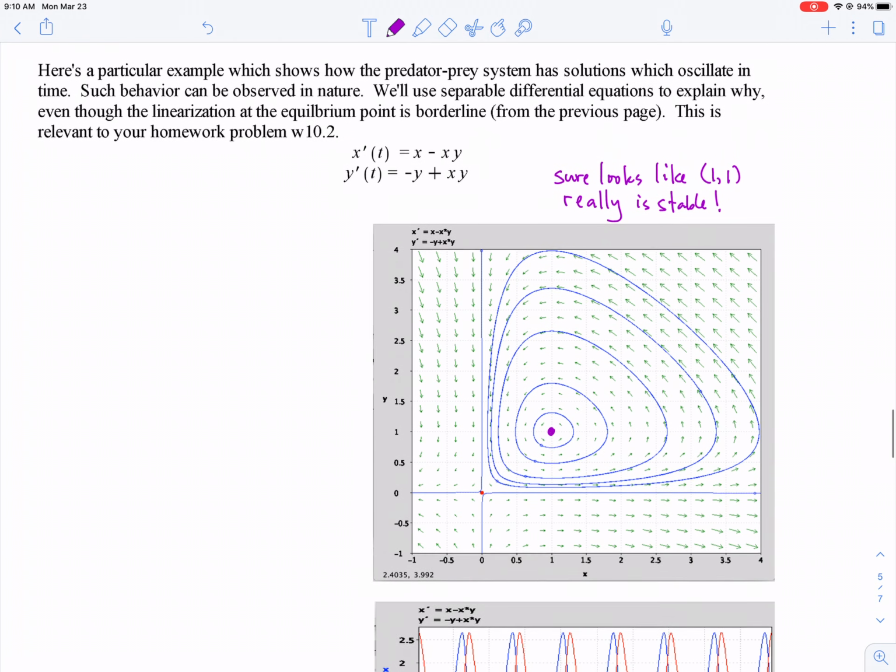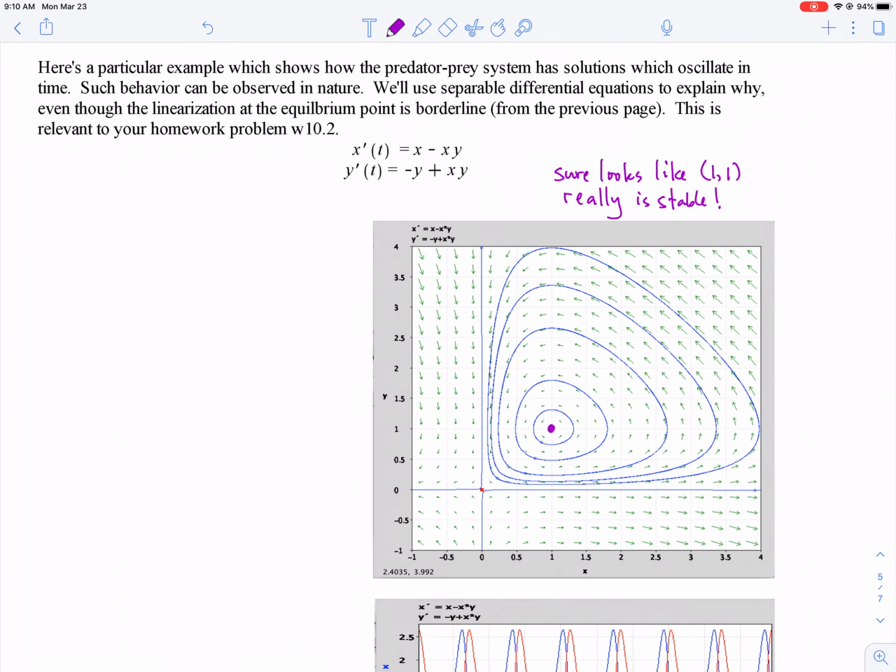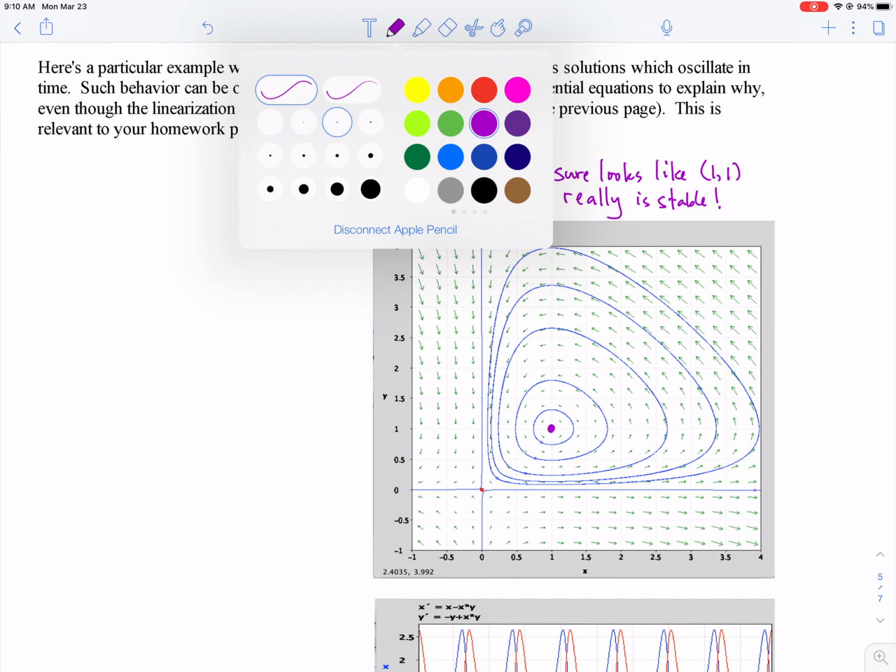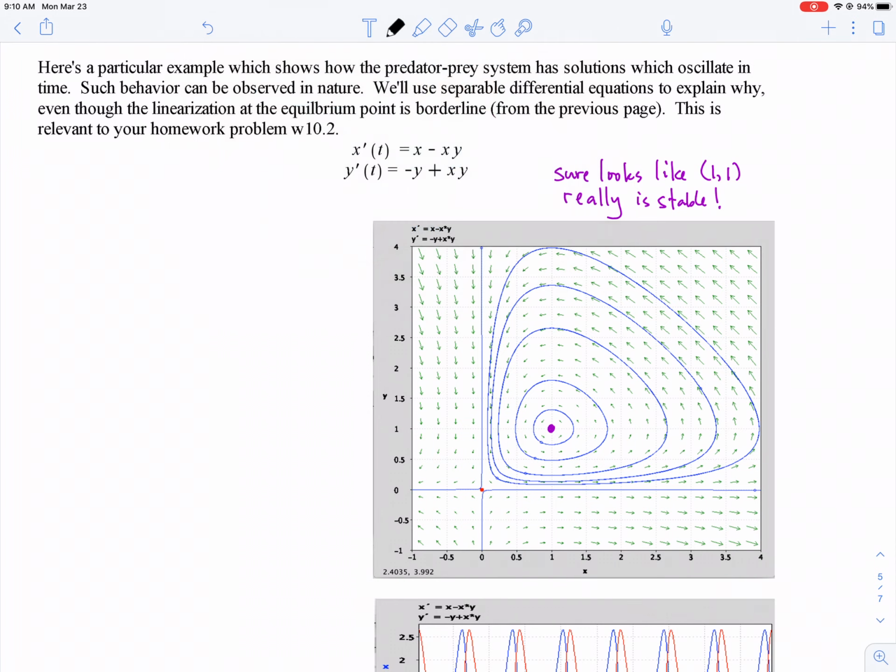Before we do that analysis, let's interpret what's going on here with our predator-prey populations. This really goes on in natural predator-prey situations, it turns out. So let's start. Remember, X was the prey and Y was the predator. Let's start out down here.